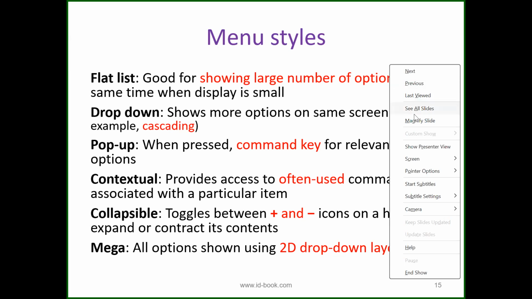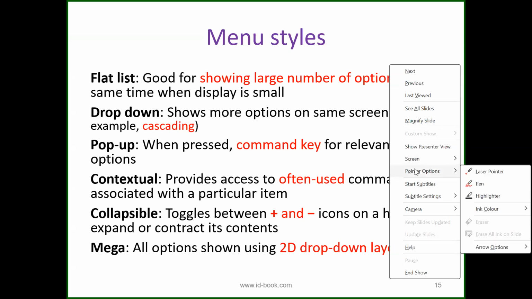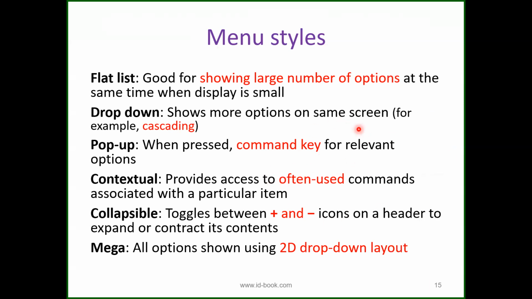So here we are able to see only those menus that are relevant to the display on this screen. For example, I have pointer options, and these pointer options are applicable only to this particular screen. That is why it is called a contextual menu, because it provides access to the most often used commands associated with a particular item.